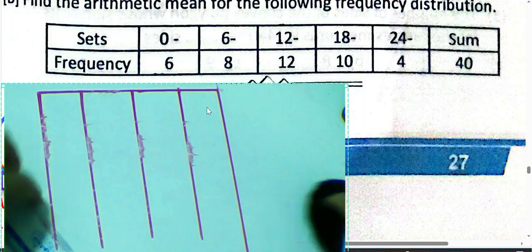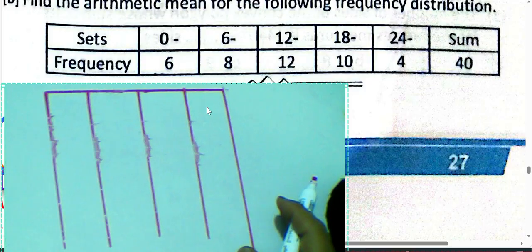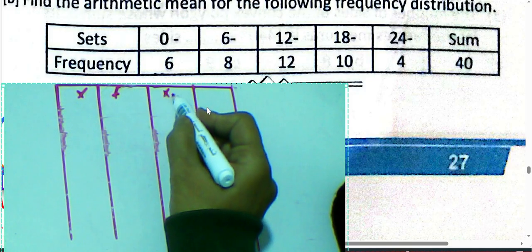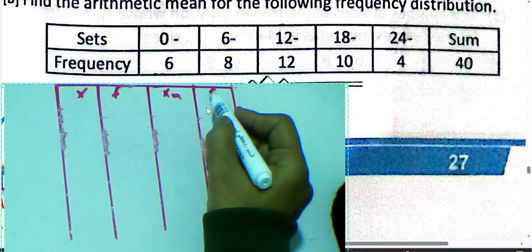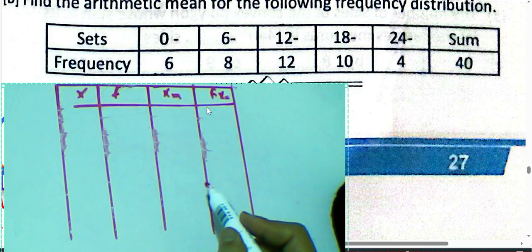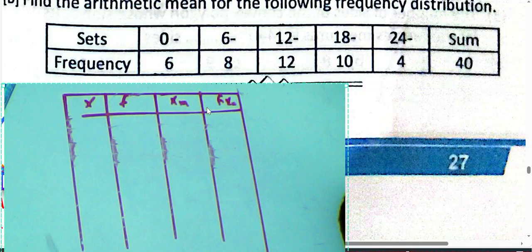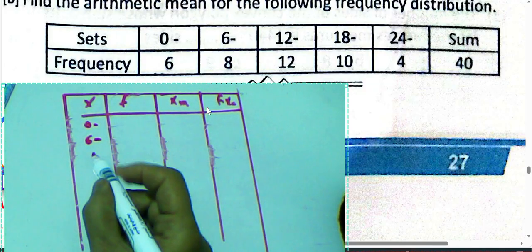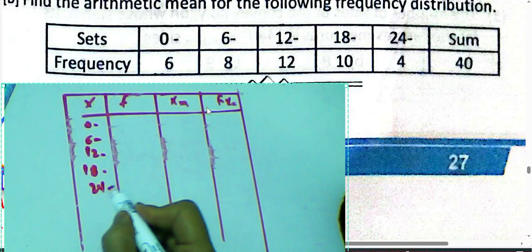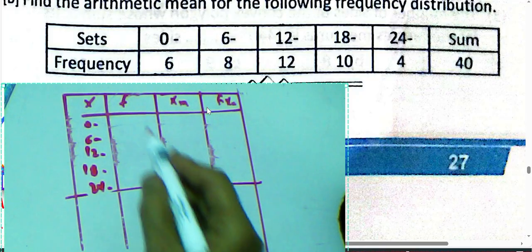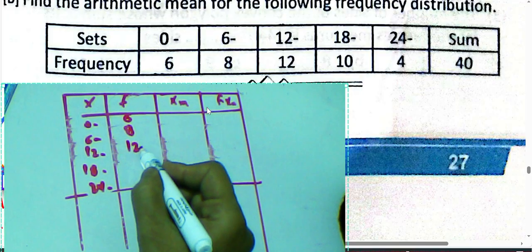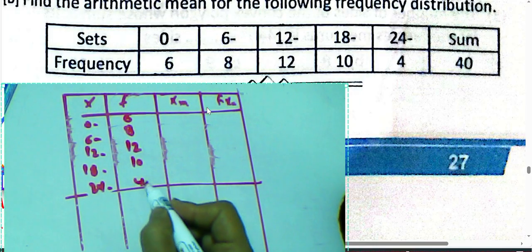Four parts, and write X and the frequency and center of frequency, and the product of F and the center of frequency. We can write 0 to 6 to 12 to 18, 24, and the frequencies here 6, 8, 12, 10 and 4.